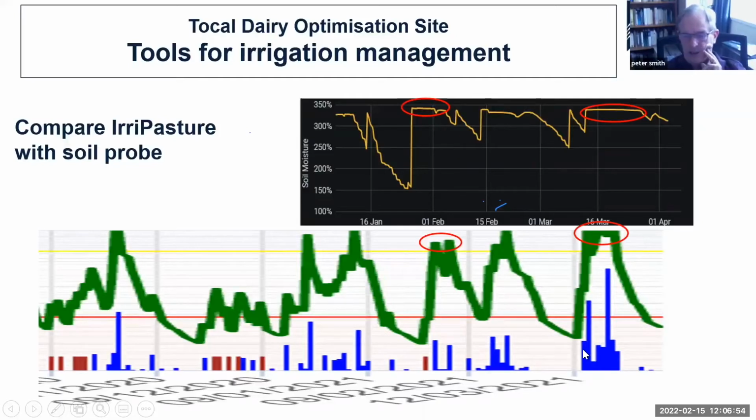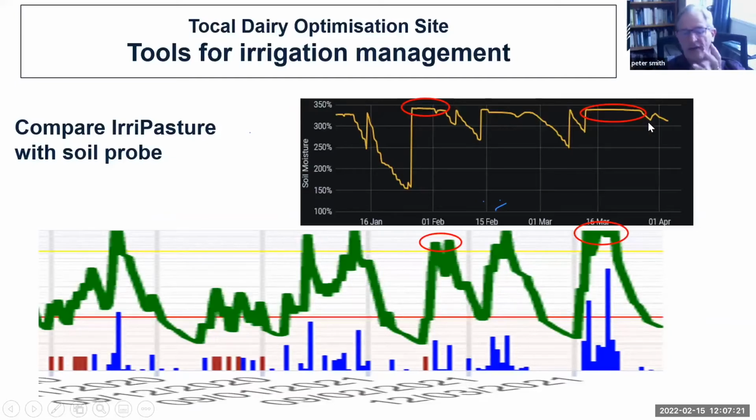Same deal over here. Even a bigger set of rain events caused a higher peak, a more prolonged overwatering, and even the irripasture shows that, but it shows the crop water balance kicking in, and it's just based on the weather data that's at the site. But our soil probe is showing a much longer and extended period of waterlogging and of pasture growth not occurring and water use not occurring.